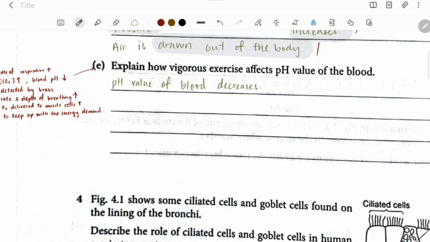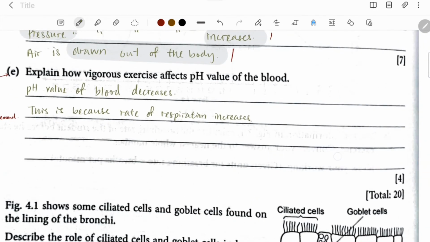And then after that, this is because rate of respiration increases to generate or produce or provide more energy for muscle cells.